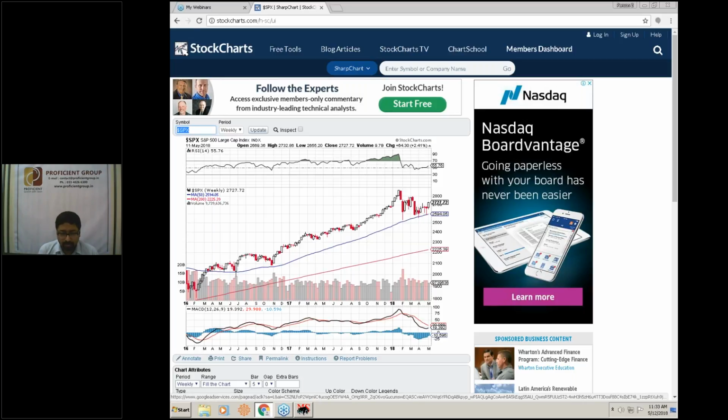Certain lower top, lower bottom formation have been seen. Now, if we can imagine a downward trend line from January top till March or April bottom, then this downward trend line has been broken for sure, right?